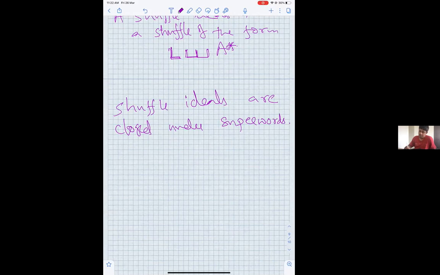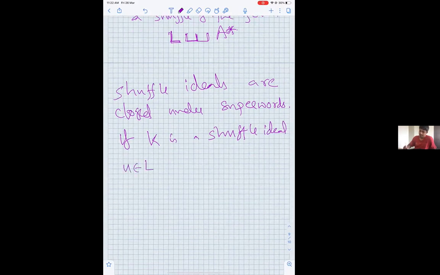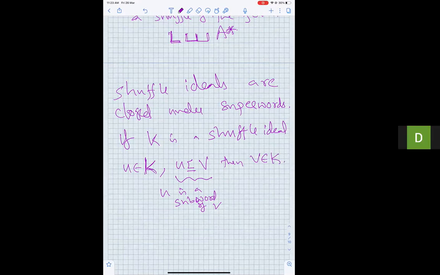That means that if K is a shuffle ideal, and U is in K and U is a subword of B, then B is in K. But I don't see why it's called shuffle ideal.